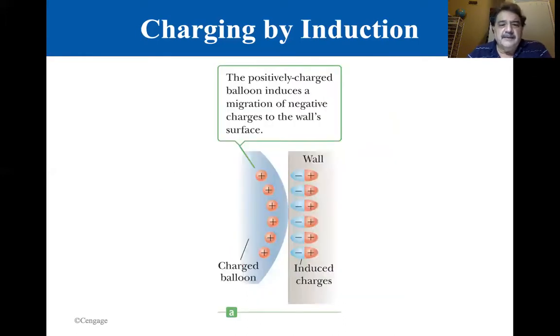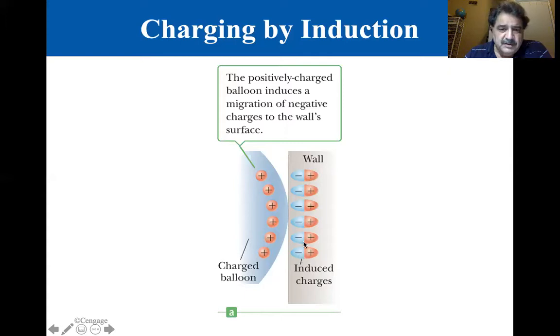Okay, you ever rub a balloon on your head and put it onto a wall? This is what's taking place. You charge a balloon by rubbing it on your head. This is typically in very dry climates. If it's humid, it doesn't work as well. The positively charged balloon induces a migration of negative charges to the wall surface.